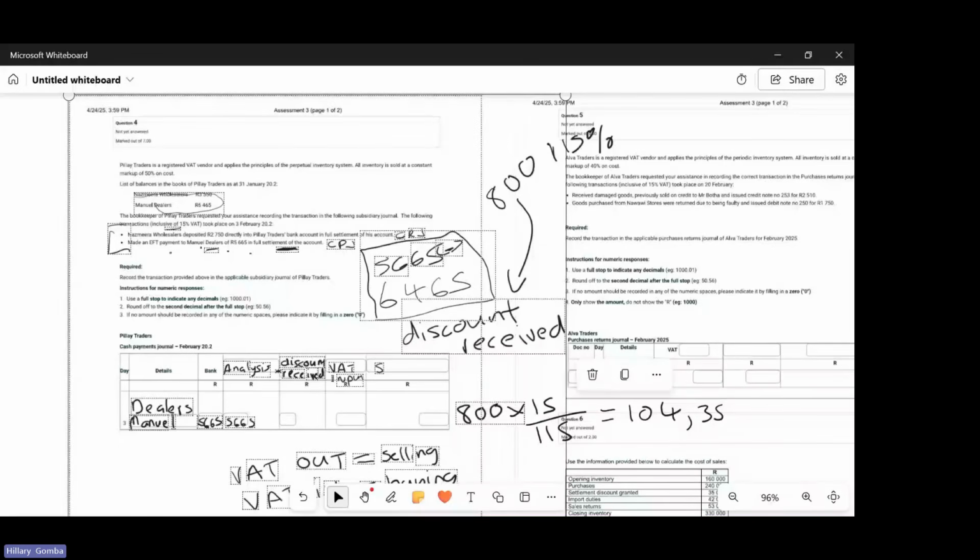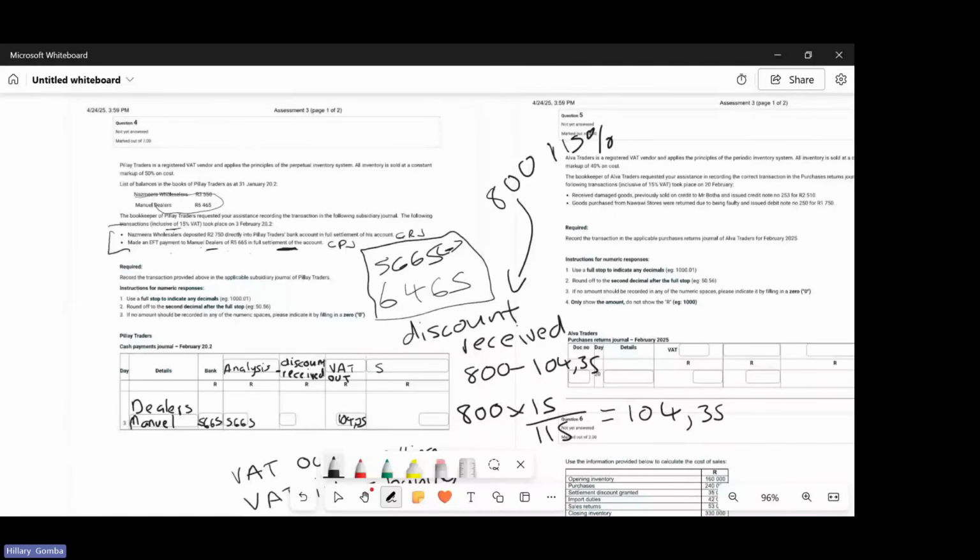That will be your discount received. Meaning that's the amount that you record as your discount received: 695.65.